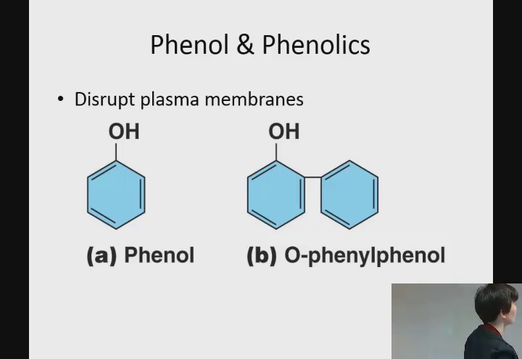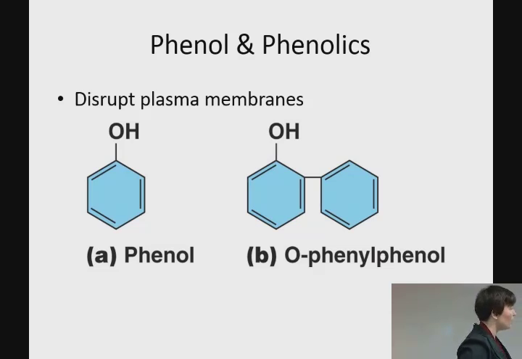So let's talk about this first class of chemicals. Phenol is this ring-shaped structure with a hydroxyl group. This is the chemical that Lister used in his field surgery that revolutionized medicine, basically. And what it does is it disrupts the plasma membrane. Now here is a close relative that's been chemically altered in a lab called o-phenylphenol.